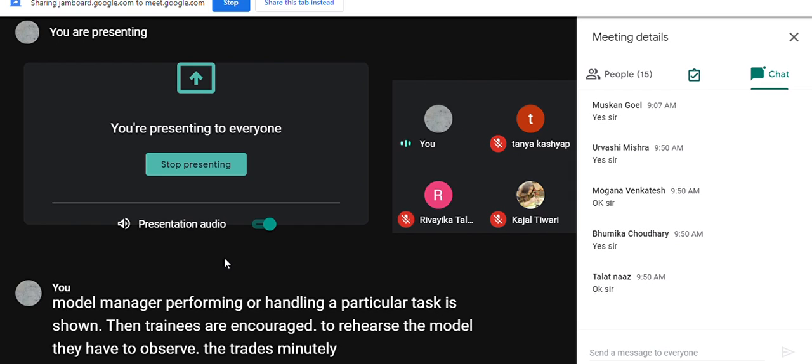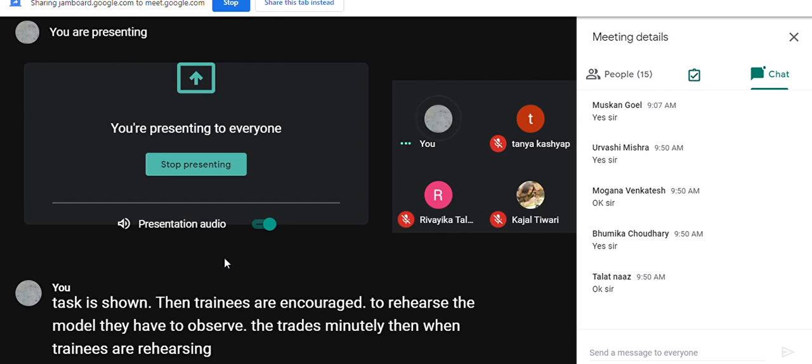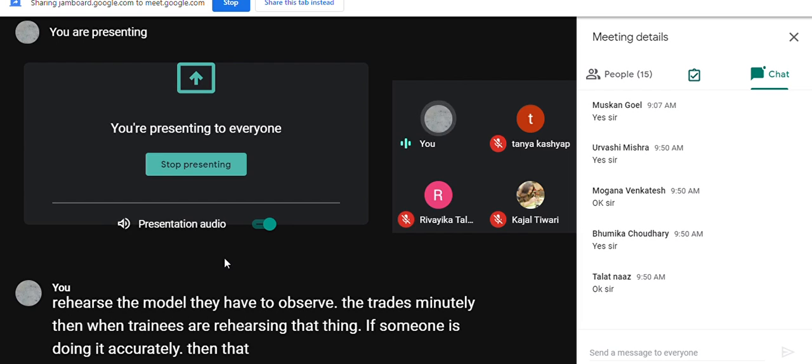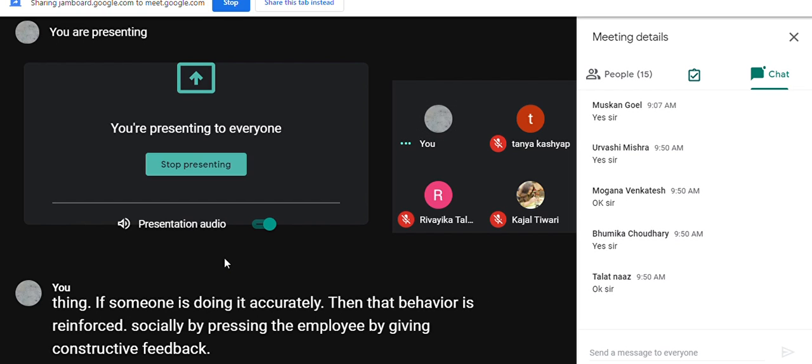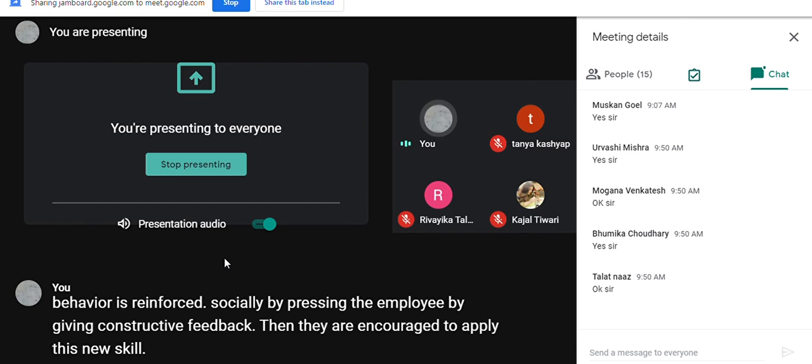Then when trainees are rehearsing that thing, if someone is doing it accurately, then that behavior is reinforced socially by praising the employee, by giving constructive feedback. Then they are encouraged to apply this new skill when they return to their job.